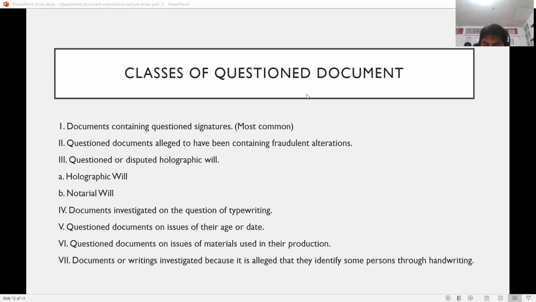Currency bills, okay, are one of the very concrete examples of documents which are forged through the use of false materials. Okay, issues on materials used in their production. Usually, counterfeiters cannot easily replicate the materials of our currency bills from the BSP, so the materials used in such counterfeit documents are questioned. They can be determined, like even a simple test.